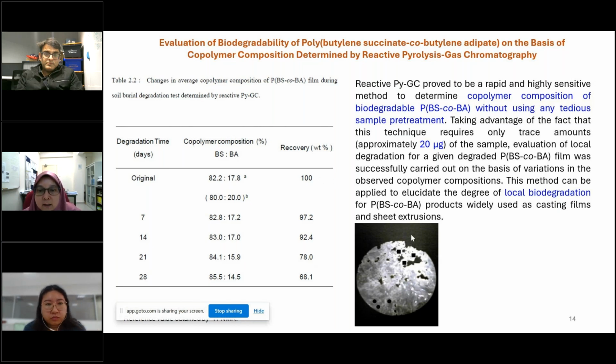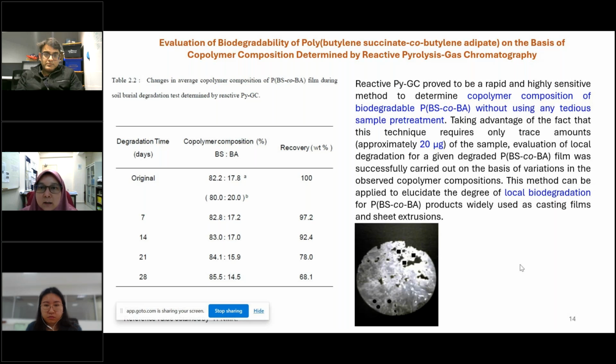So by using this degraded thin film, using 20 micrograms of sample, we can analyze directly at the pinpoint, directly at the degraded section. In contrast, this analysis is not able to be conducted using FTIR or any other conventional methods.